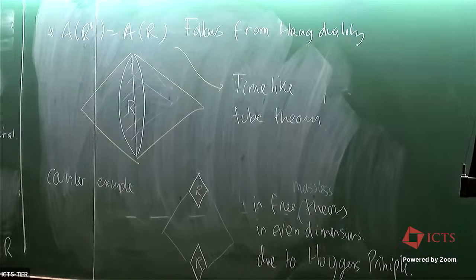So adding in something actually reduces the size, actually removes operators. I thought with gauge theory there are counterexamples to this principle.